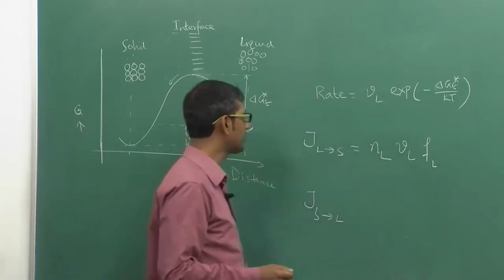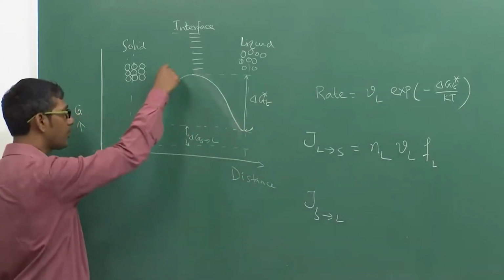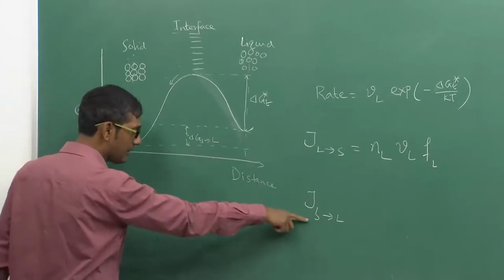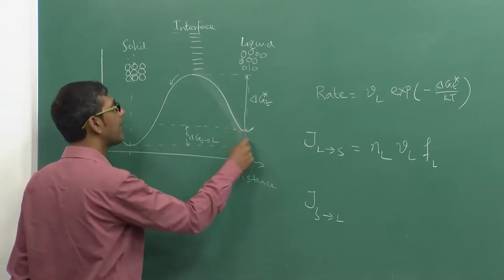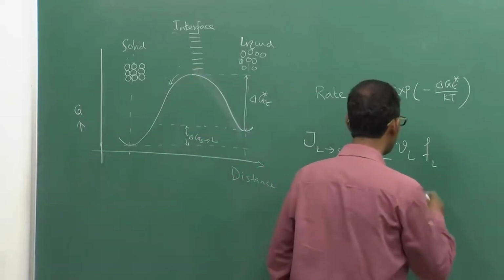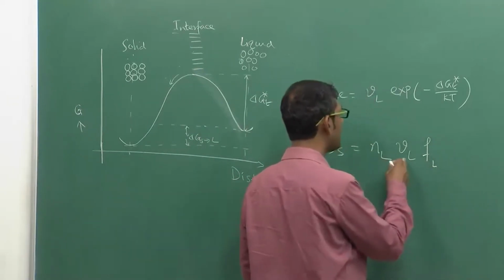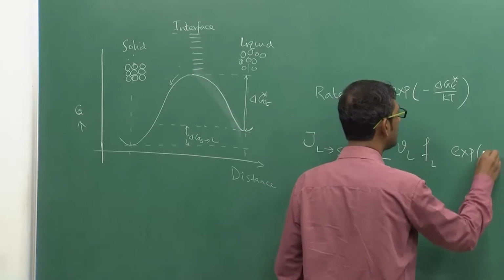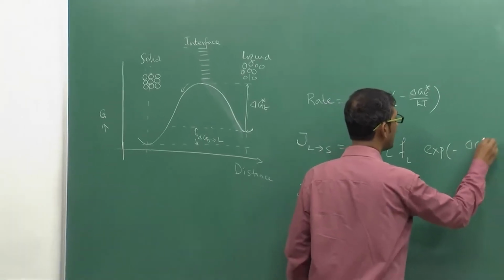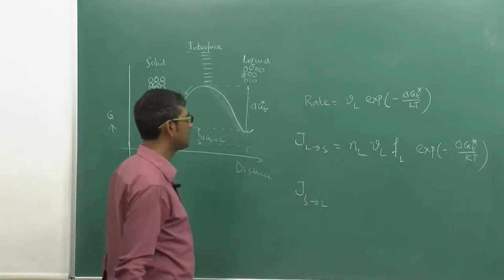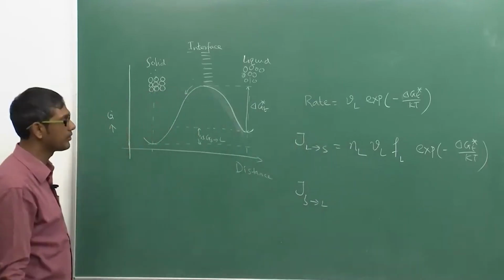So there are two types of things. One is that an atom jumps, crosses the barrier, is in the solid, does not feel comfortable, and goes back. That's a reverse jump. The second is that atoms try to jump but may not be able to cross this barrier. So the fraction of liquid atoms, NL, multiplied by this frequency, into exponential minus delta G T star divided by KT, is the flux in the forward direction, that is from the liquid to solid.